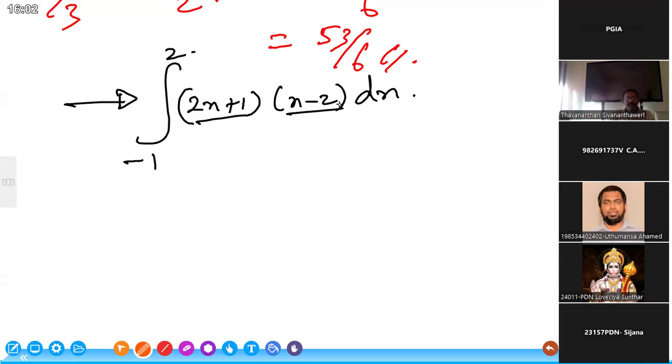We haven't gone through how to integrate two multiplicative functions. Later we will see. But at this moment, we didn't talk about two multiplicative functions. So how can we handle this?